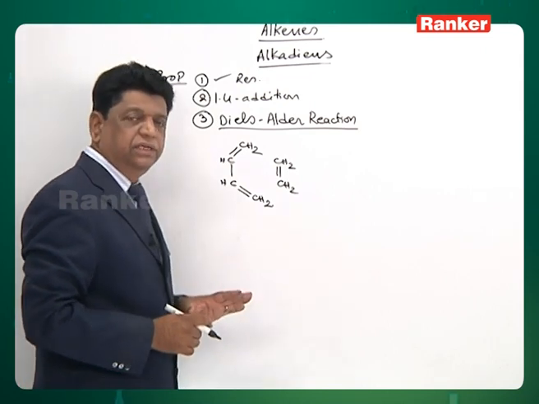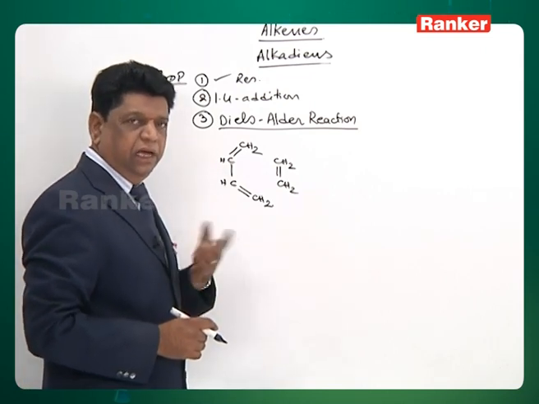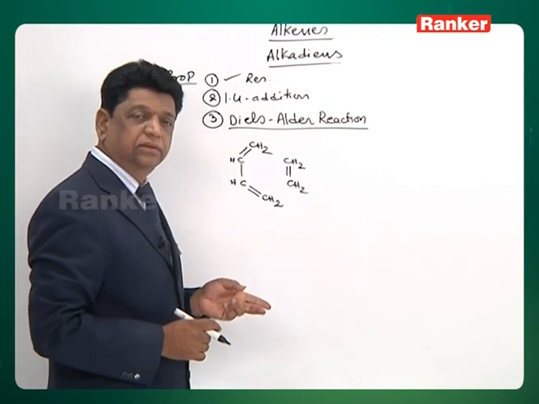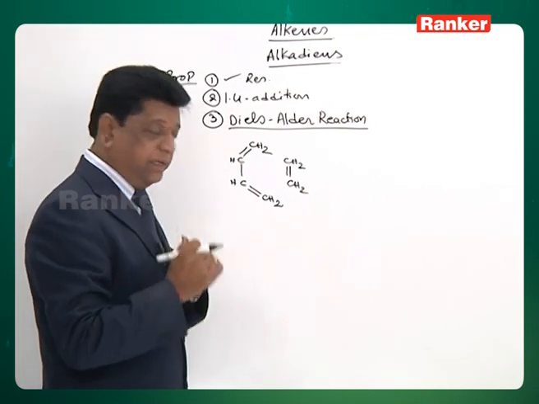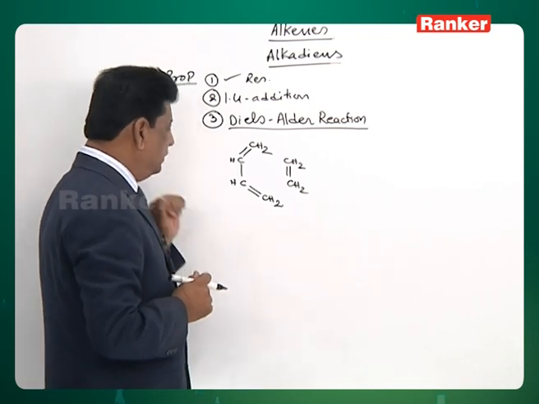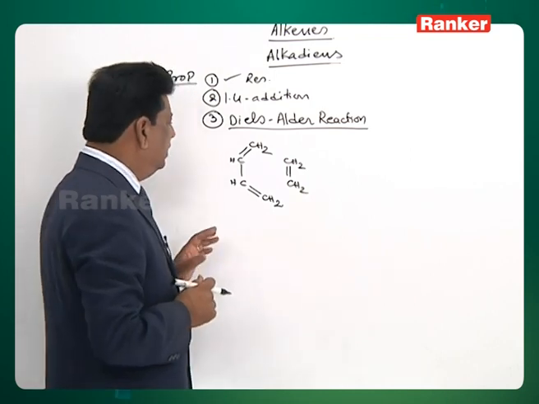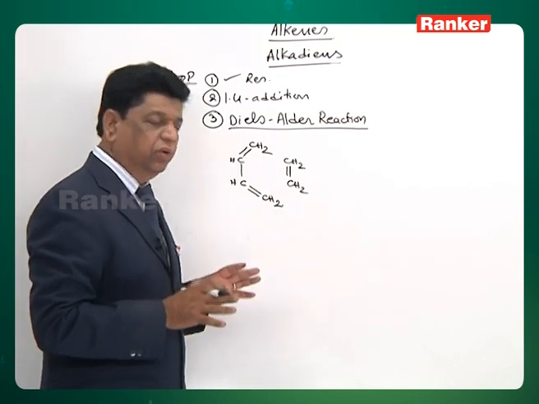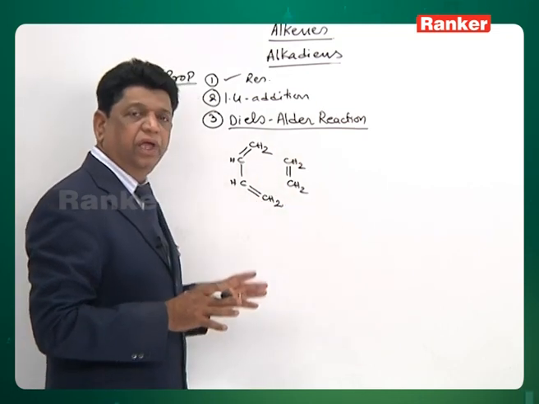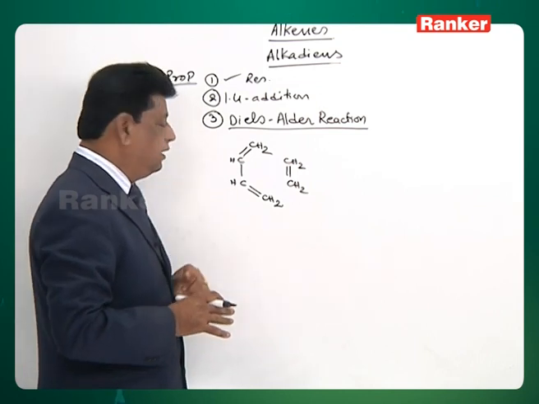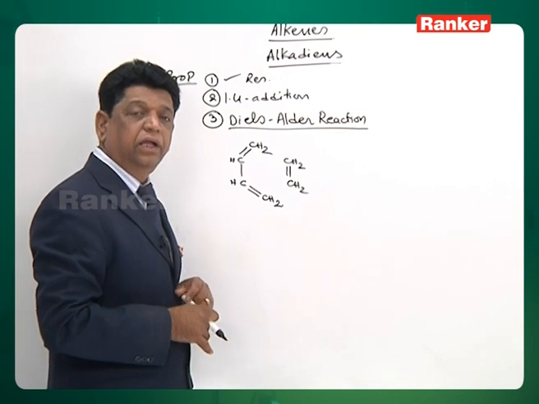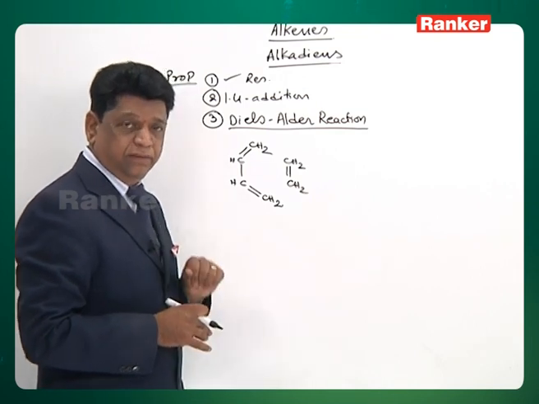But in the 1,4 addition, we have seen it can be electrophile or nucleophile, or simultaneous addition in adsorption phenomena. In this particular addition also, it is not exactly a plus-minus attack. If you carefully observe the reaction conditions, the reactions are not catalyzed by acids or bases, and not influenced by polar and non-polar solvents.